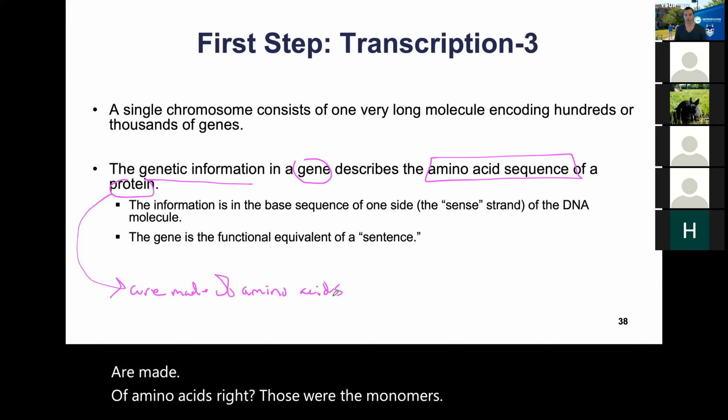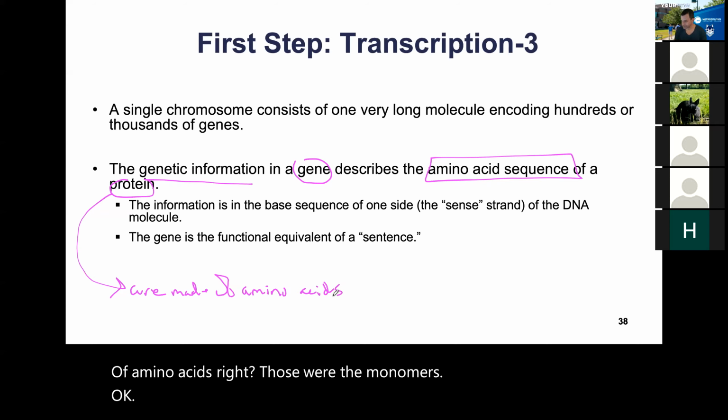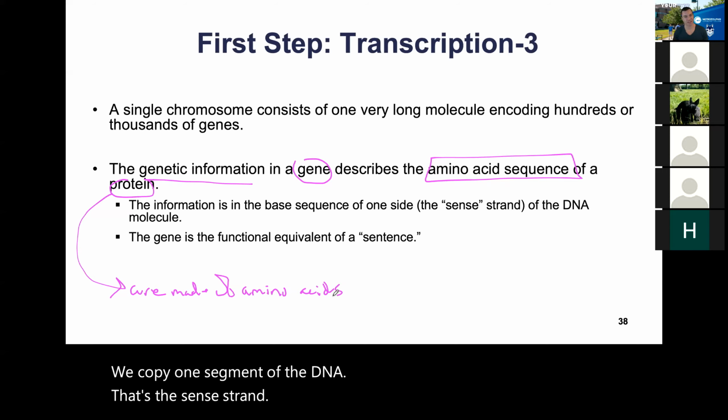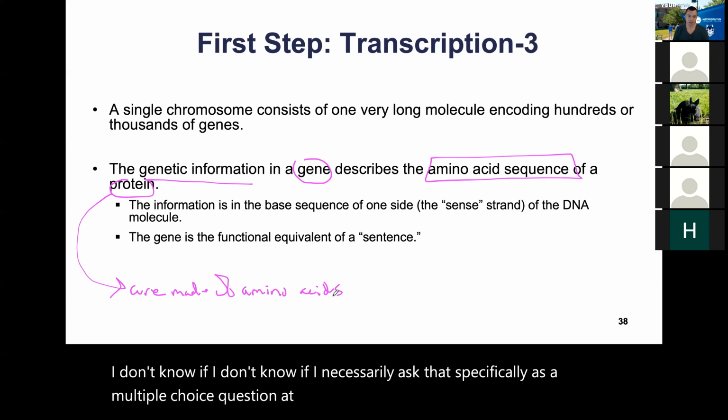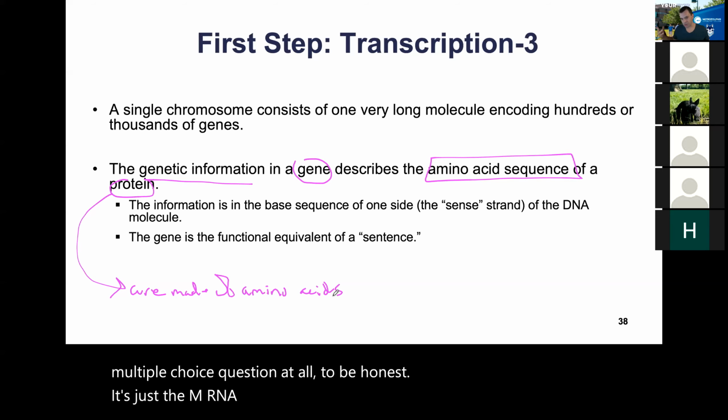We copy one segment of the DNA. That's the sense strand. I don't know if I necessarily asked that specifically as a multiple choice question, to be honest. It's just that the mRNA is copying one strand. That's it.